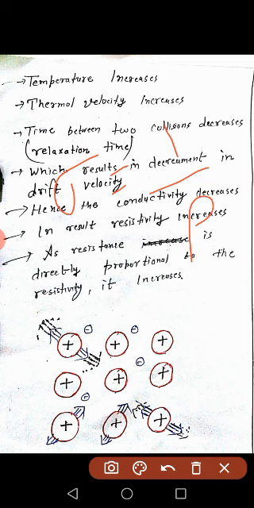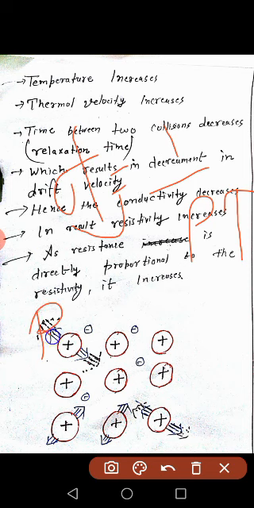Conductivity is inversely proportional to the resistivity. If the conductivity decreases, then the resistivity will increase, and if the resistivity increases, this will result in an increment in resistance. Why?